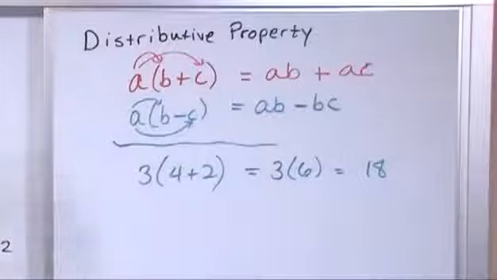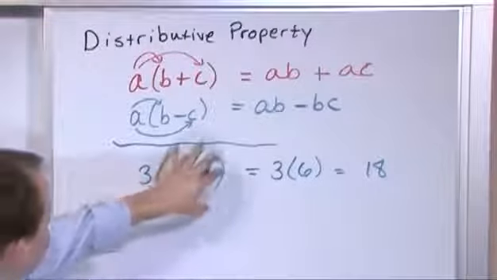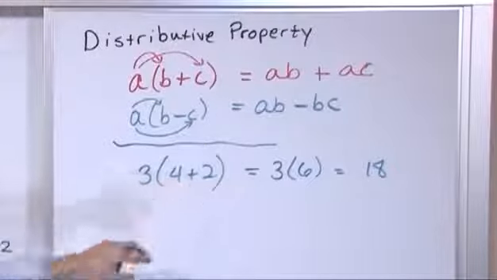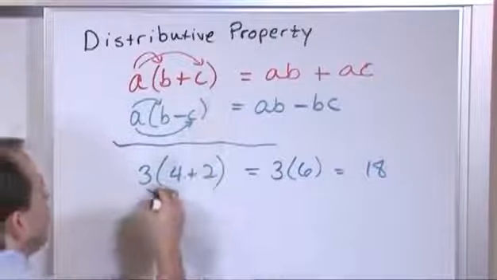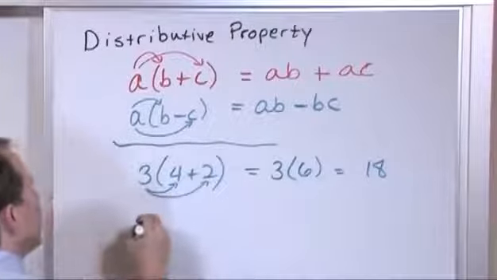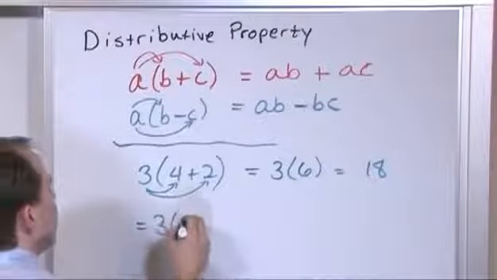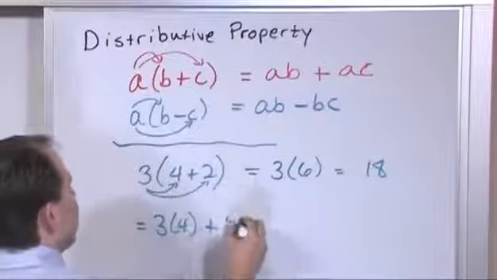But what I'm telling you is anytime you have something sitting outside of a parentheses multiplied by something inside, when you have terms that are added together, you can multiply 3 times 4 and then multiply 3 times 2 and add them together. So what you would get is 3 times 4 from this multiplication plus 3 times 2.